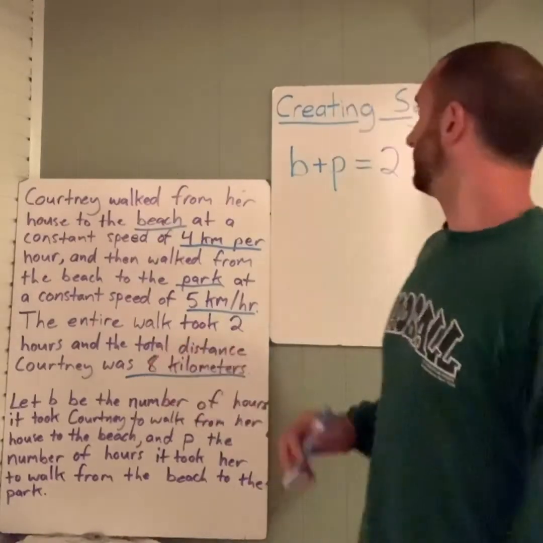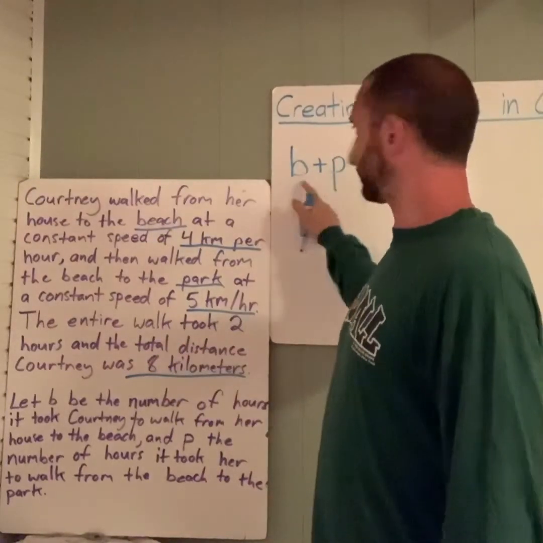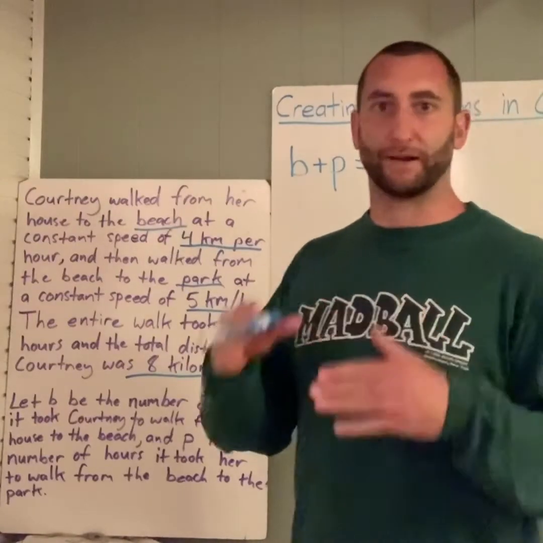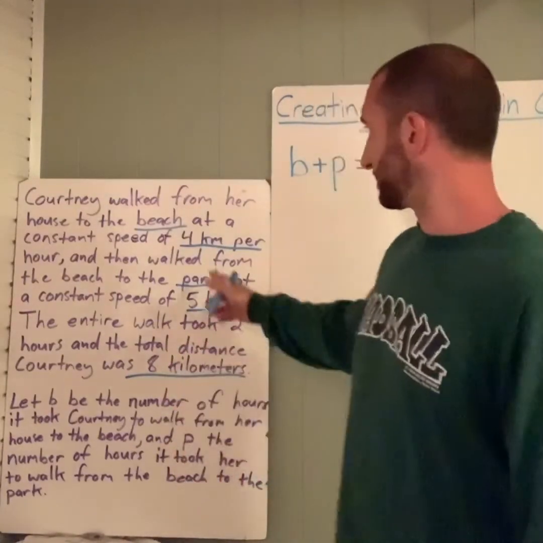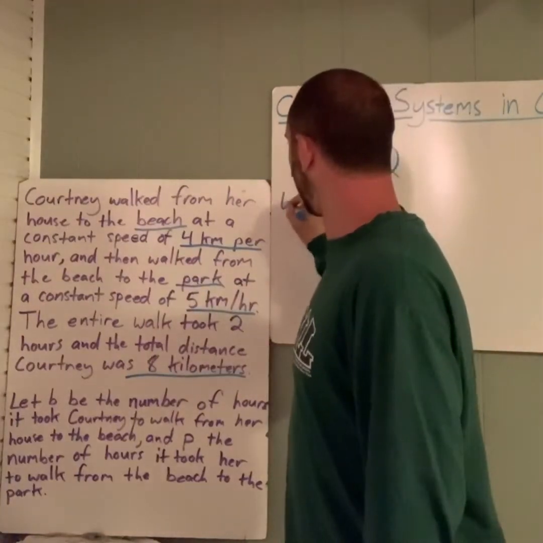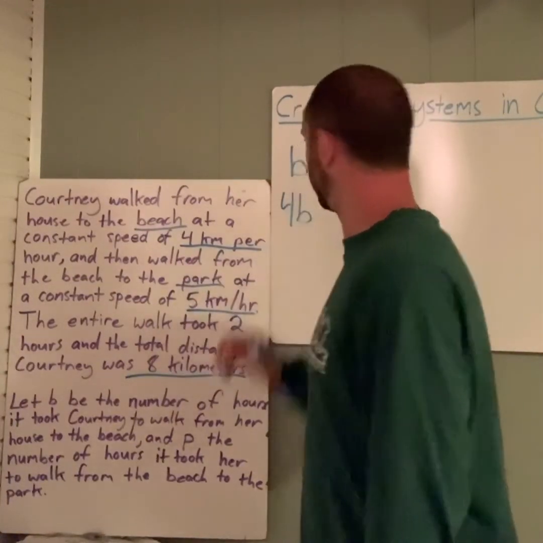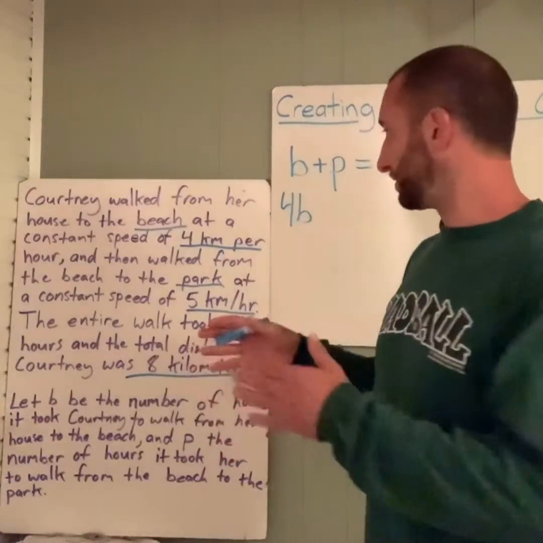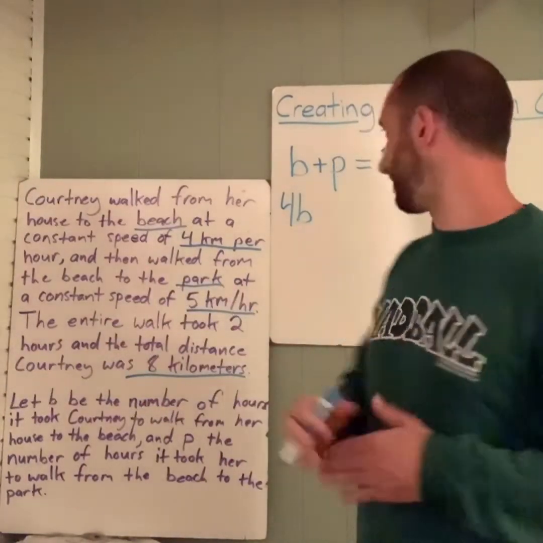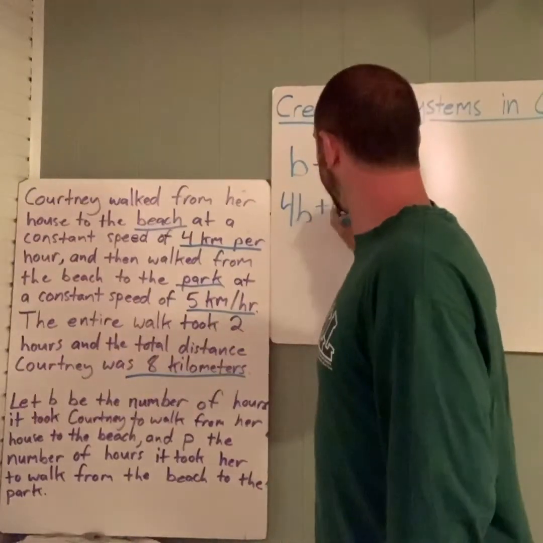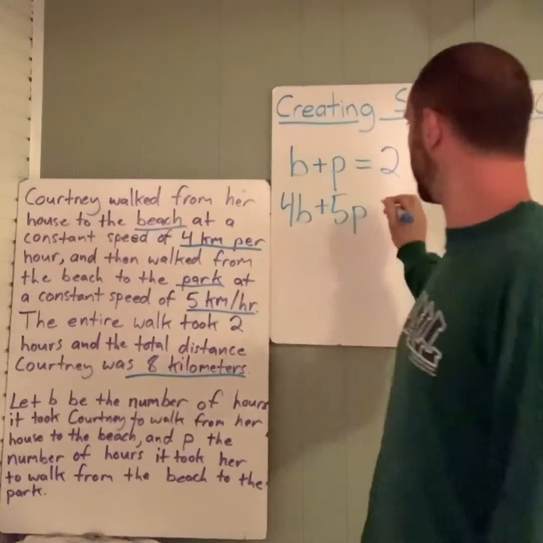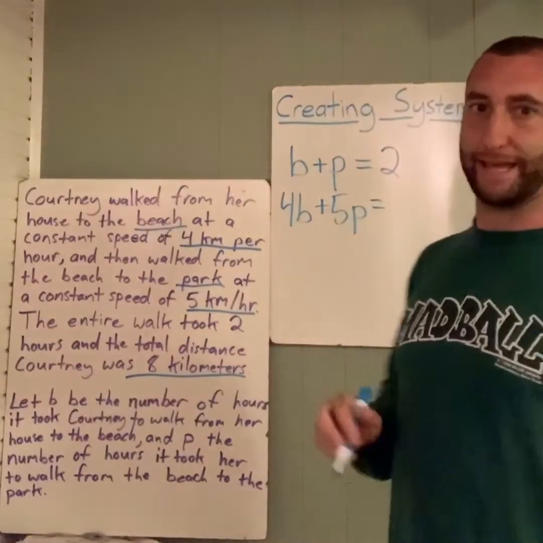So we're going to use the same 2 variables. How fast did she walk when she was walking from her house to the beach? It says it right here, 4 kilometers per hour. So they're going to say 4B. And then she walked from the beach to the park at a rate of 5 kilometers per hour. So 5P. And we know how far she walked total, 8.